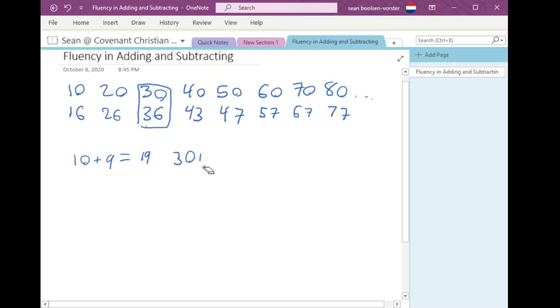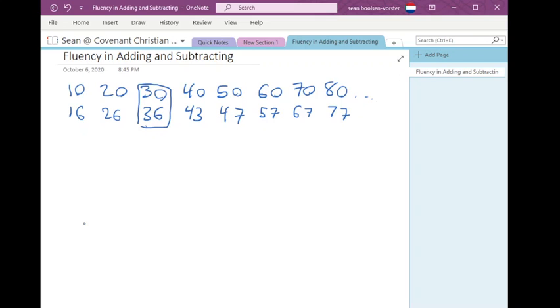So if you are struggling with that principle, that when you add 9 to 10 you get 19, or 9 to 20 you get 29, that's something you really want to work with: being able to add to a multiple of 10 and to subtract from a multiple of 10.